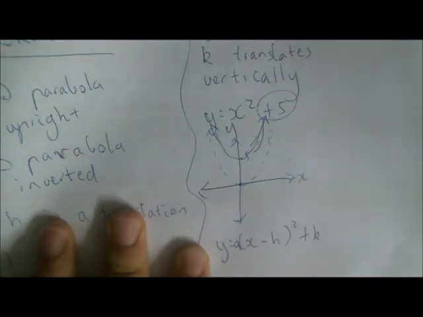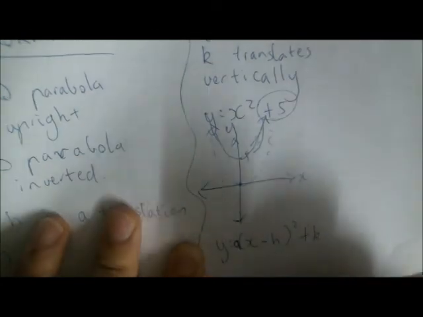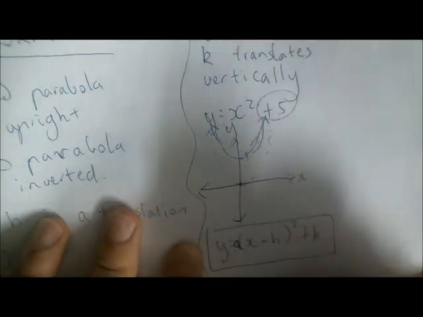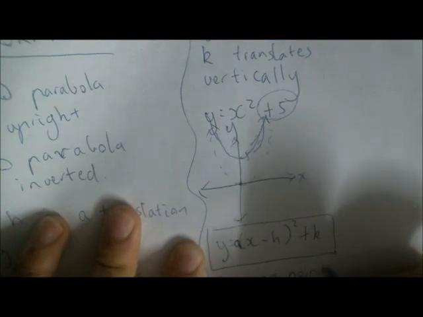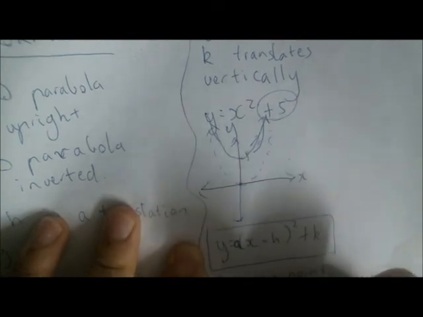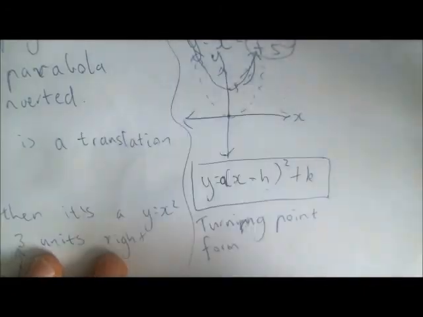A is the dilation factor. We call this turning point form. So this is called turning point form.